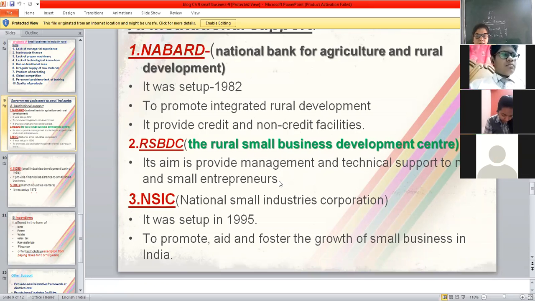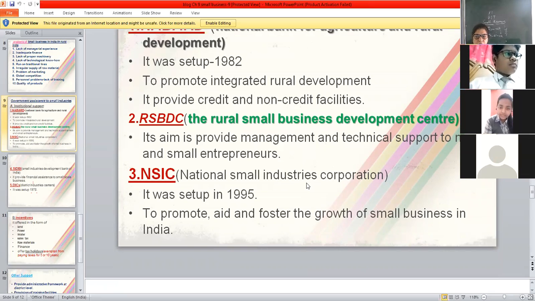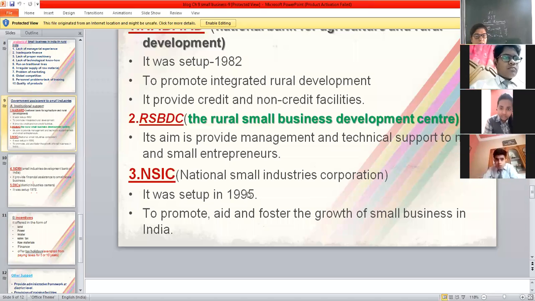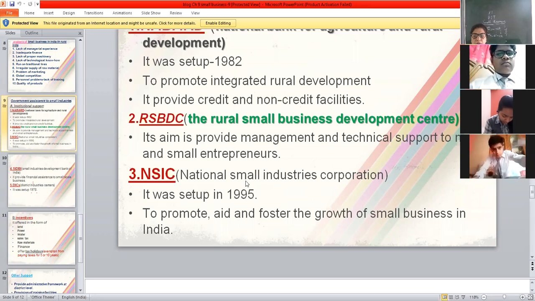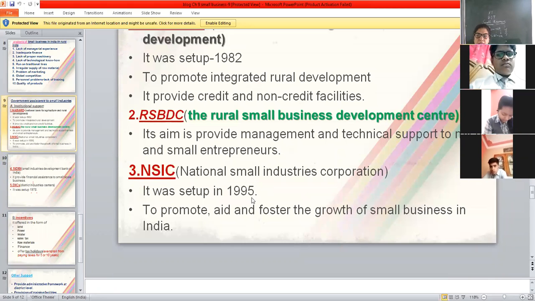Then NSIC, National Small Industries Corporation. NSIC was set up in 1995 and the main aim is to provide help to small industries at the national level, giving them technological assistance, giving them finance at lower rates of interest.